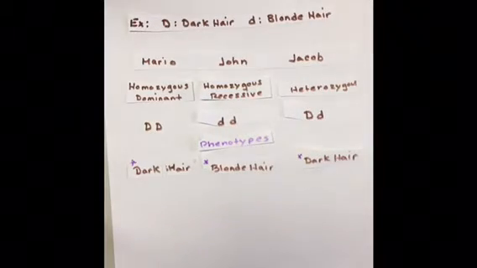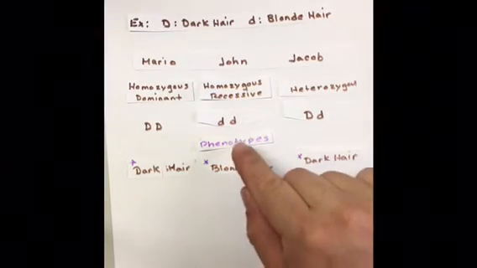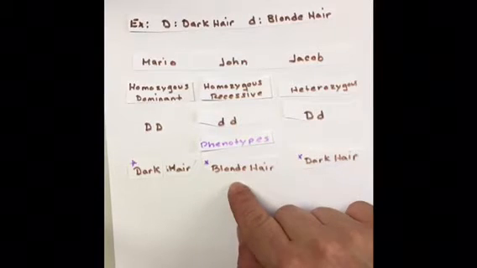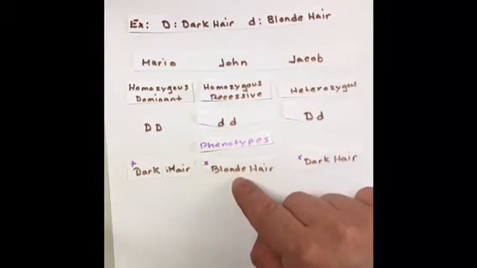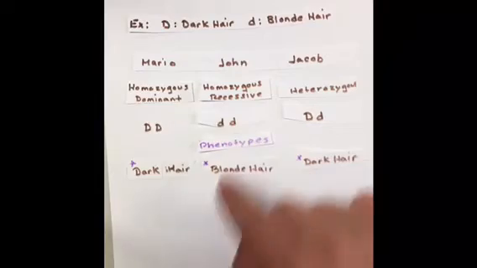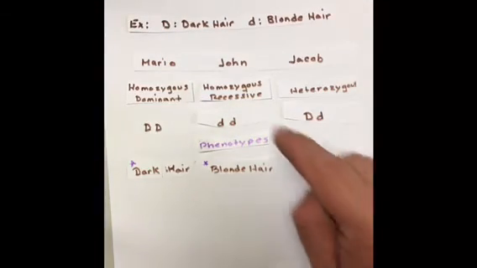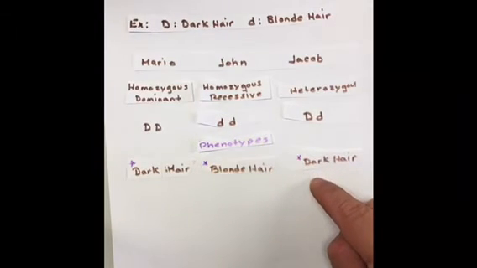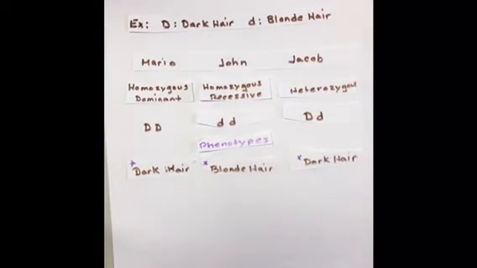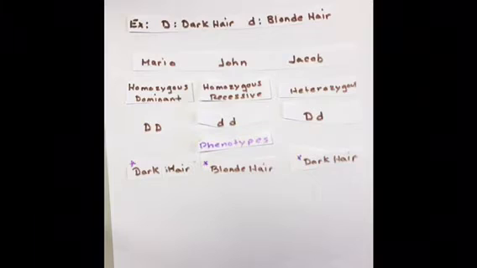So whenever you're doing these problems and you're trying to figure out what their phenotype is, remember, the only time you will see a recessive phenotype is when you have two copies of the gene. If you have a dominant copy present, then that phenotype will be the one that is expressed. So keep that in mind when you're doing problems.